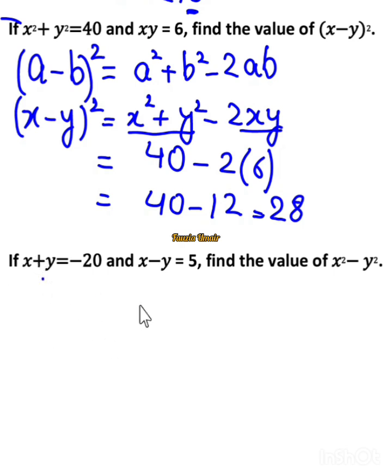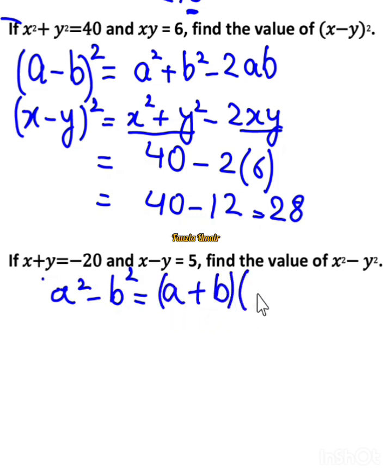If x plus y is minus 20 and x minus y is 5, find the value of x square minus y square. So from this you are getting a hint that this is the formula of a square minus b square. So I will write down the formula: a square minus b square is equal to a plus b into a minus b.